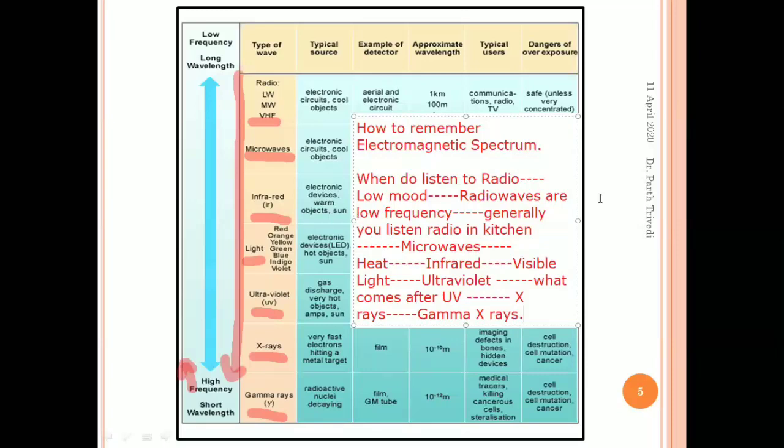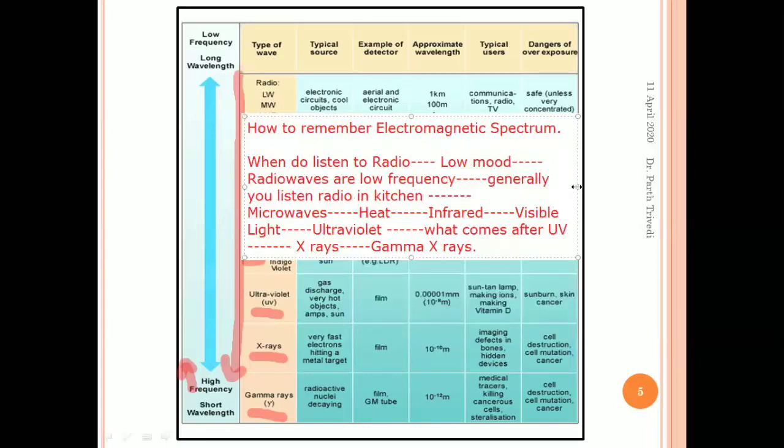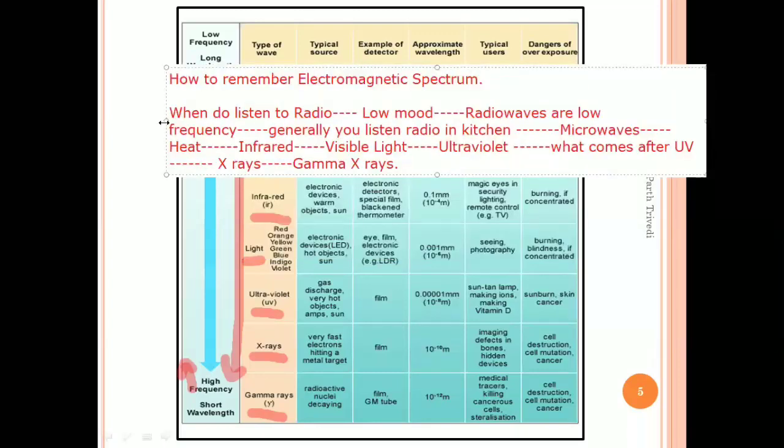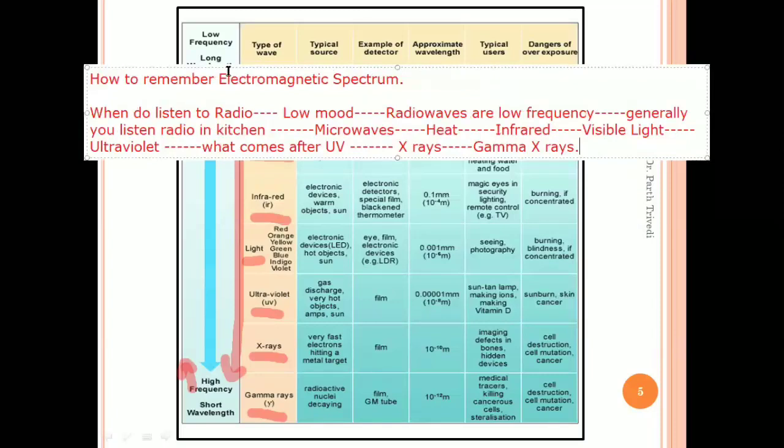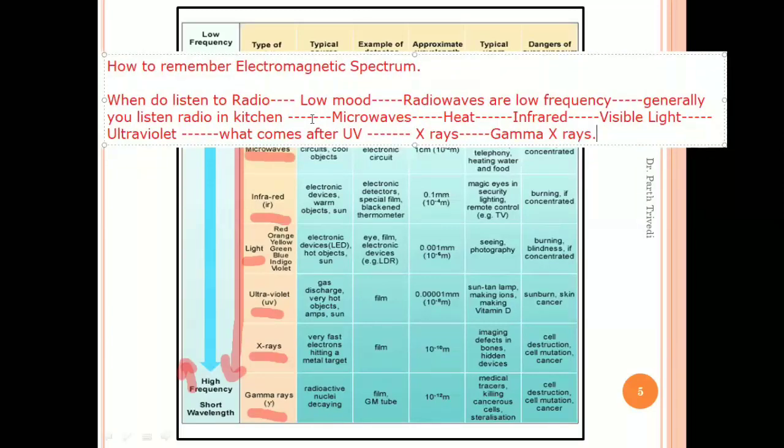I would again like to elaborate this for all of you so that you can easily memorize the electromagnetic spectrum. Very simple. When do you listen to radio? When you are in low mood. So radio waves are low frequency.